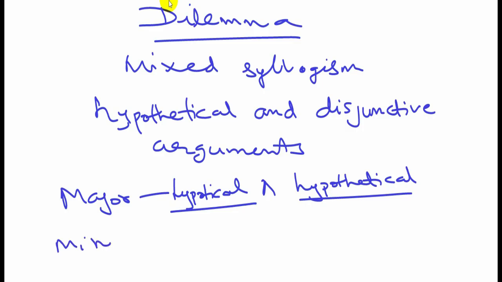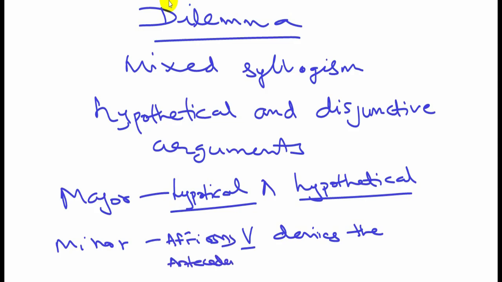Now, the minor premise is a disjunctive proposition which either affirms the antecedent or denies the consequent.